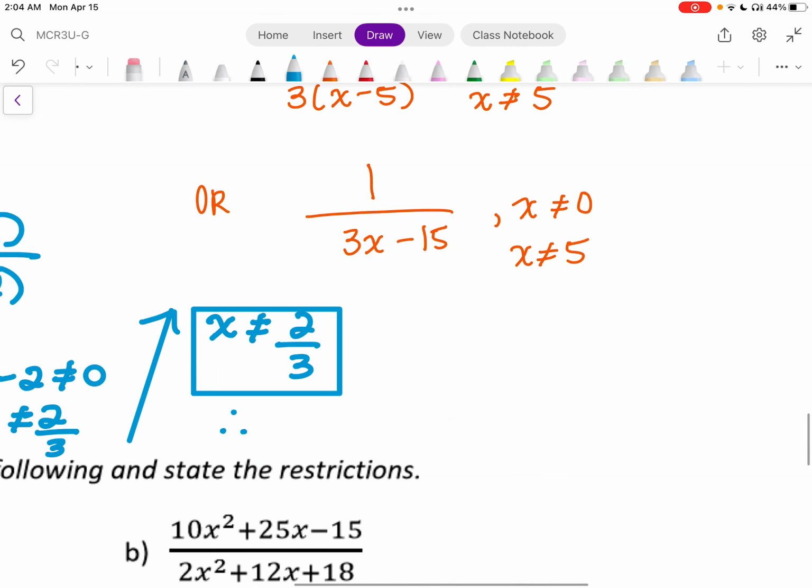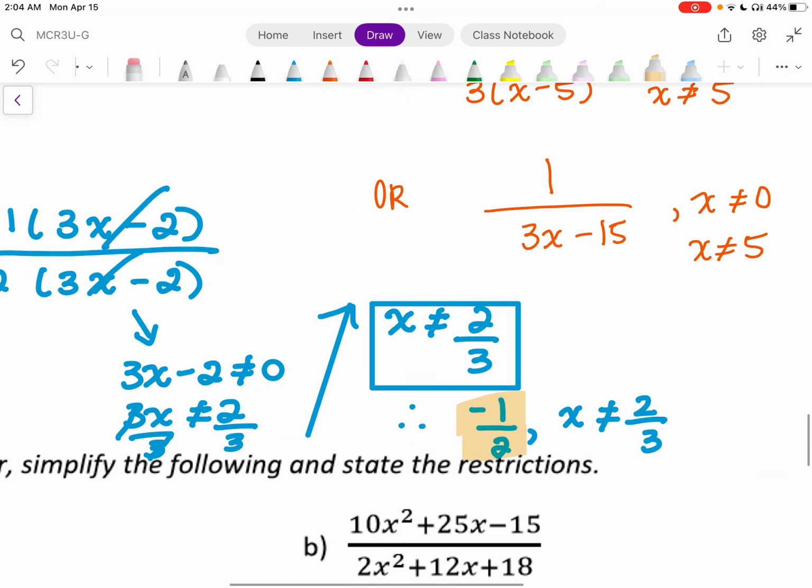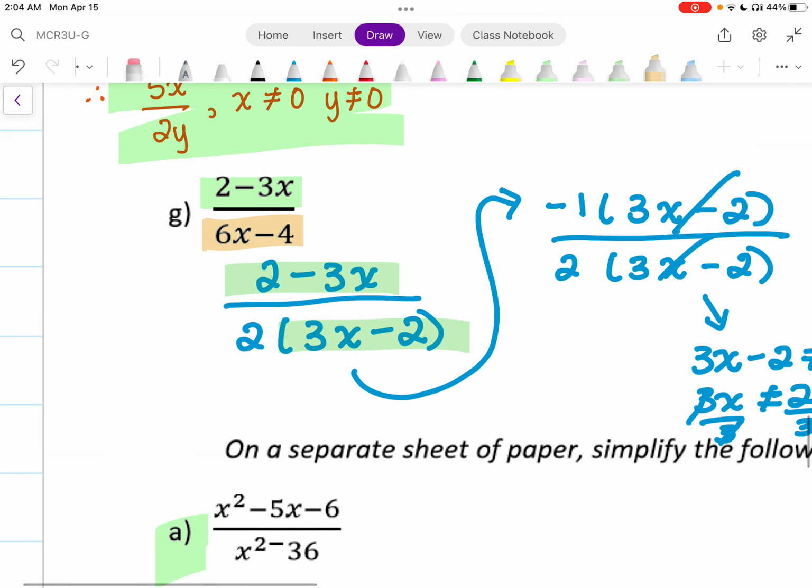So we have -1 over 2, such that x cannot equal 2 over 3. And again, this is why it's so important to have done your restrictions before you started canceling stuff out, because you see how this doesn't have any polynomials in the denominator. It still has a restriction because the original has a restriction.